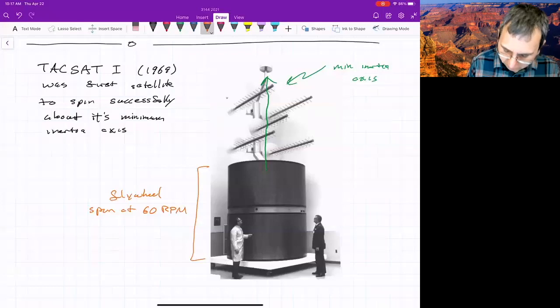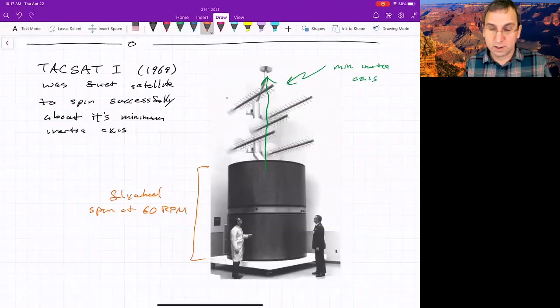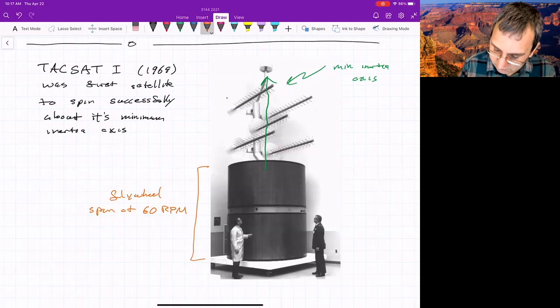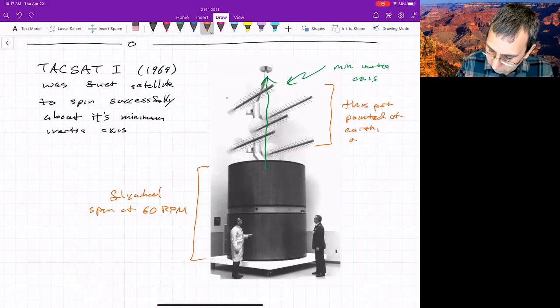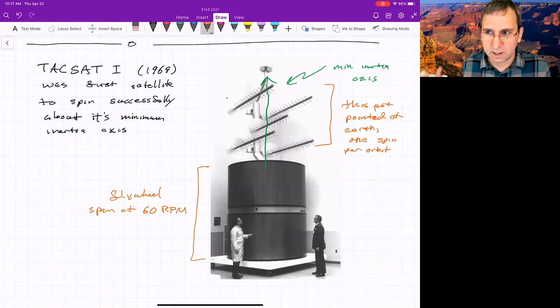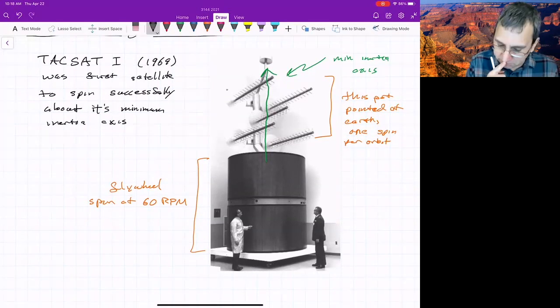To figure out why they picked that particular value, we'd need to know moments of inertia and things. But then this part pointed at Earth, 1 spin per orbit. I don't know which orbit it was on, if it was LEO or what. But it was the first dual spin to stabilize the minimum inertia axis.